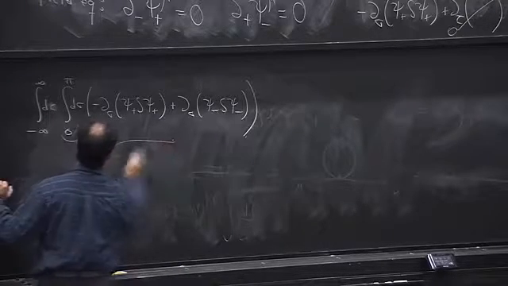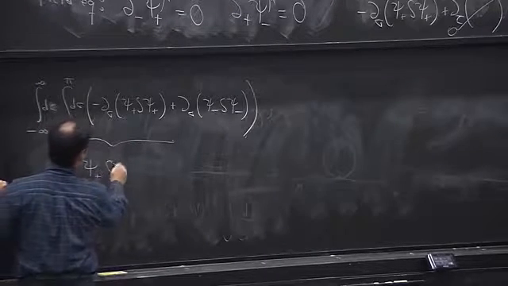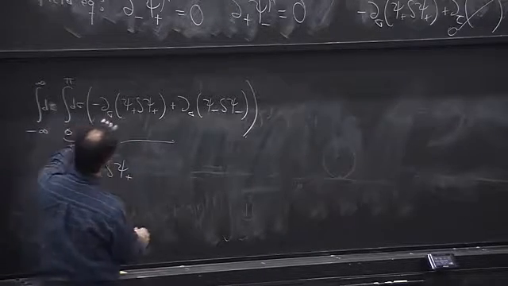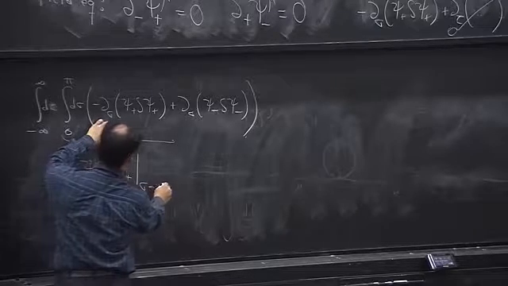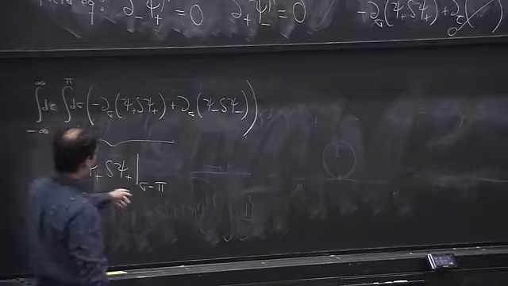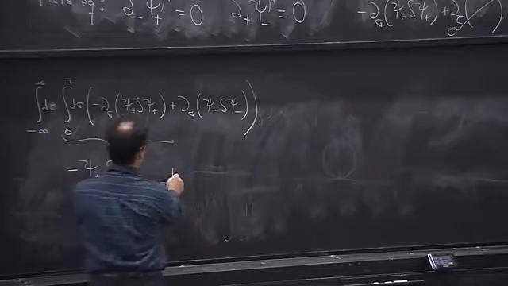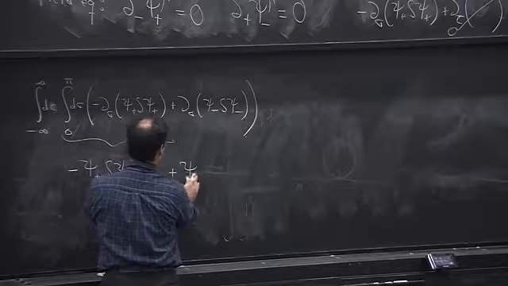So this thing gives us, we will get psi plus delta psi plus evaluated at sigma equals pi, right, with a minus sign. And we will also get a contribution from this guy at sigma equals pi, but it will come with a plus sign.